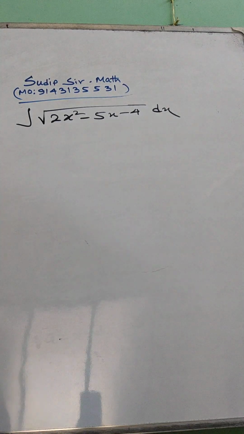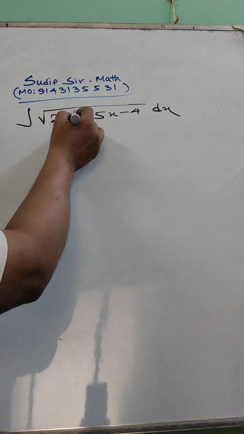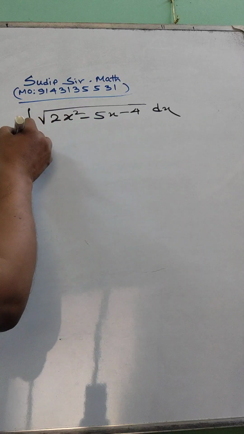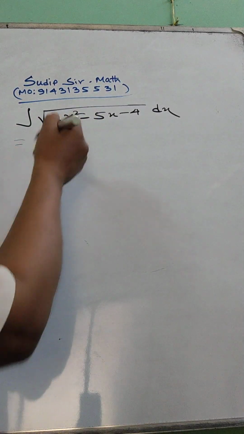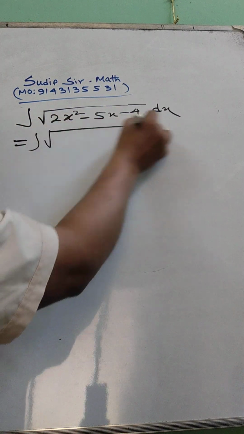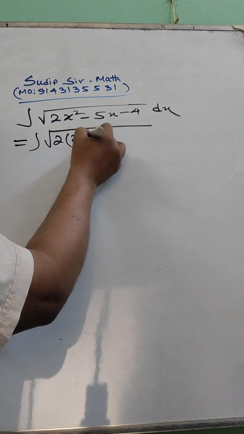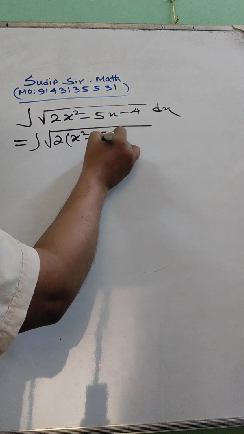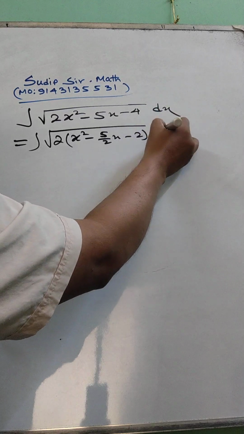First, you have to take common the coefficient of highest power, that is 2, common: x² minus 5 by 2 x minus 2 dx.